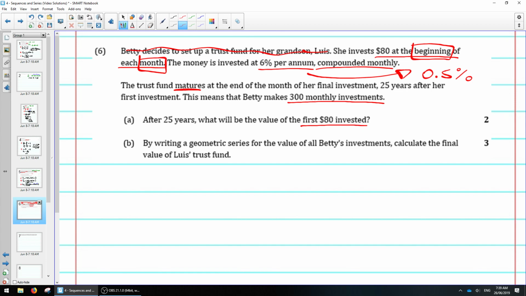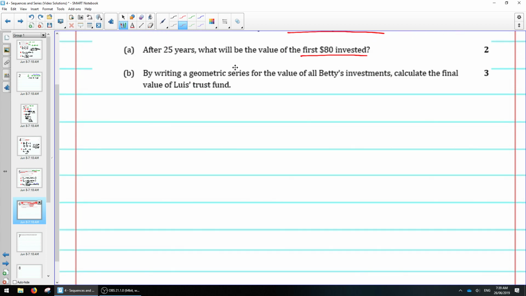So the question is not asking how much money you would have after those 25 years, it's just talking about that first amount. So this is really just compound interest. This first amount, remember, we call that A1. We put in $80, and because we're putting it in at the start of the first month, it's going to get 1.005.